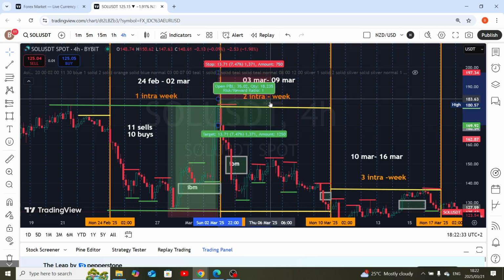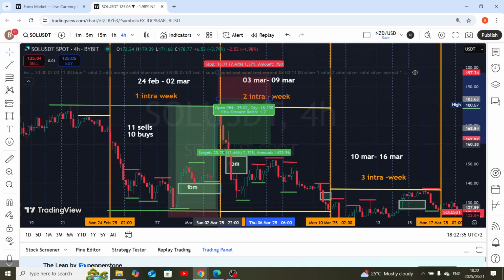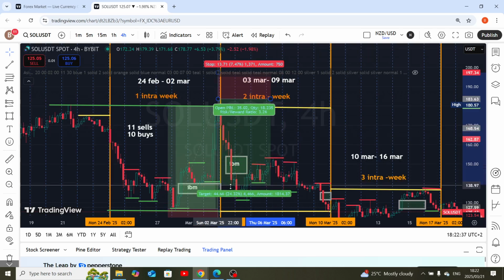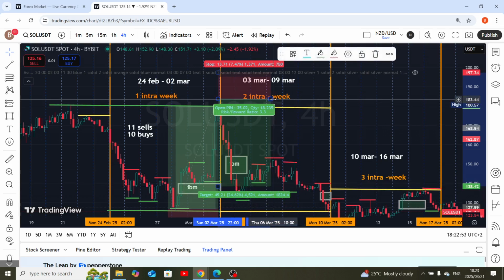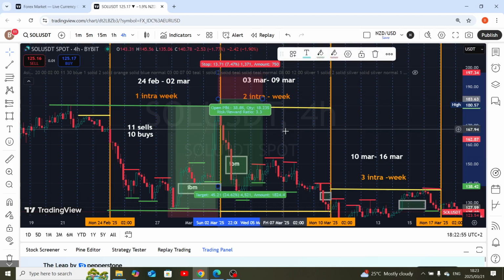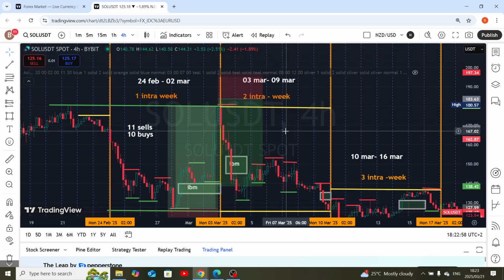So here was another entry. So we could take profits here. You can take your profit here, or you can take your profit on the first lower low, right? So we see our first lower low. So we would take our profits here, for example. Yes, that's where you can actually take your profits.